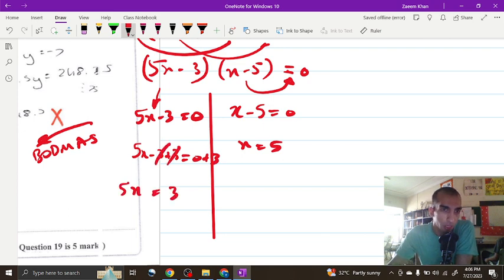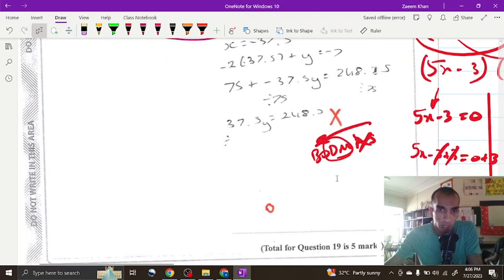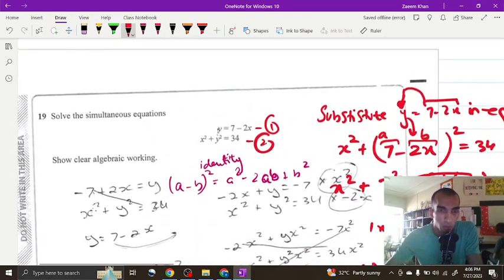Now we're done with addition, subtraction. We divide by 5. x is equal to 3 by 5 and x is equal to 5. This gives us two answers for x. For now we just solved x. We got two answers for x. How many answers for y are we going to get?